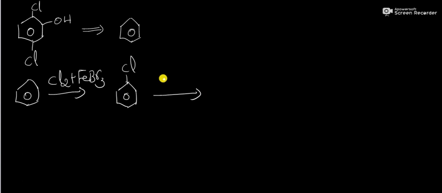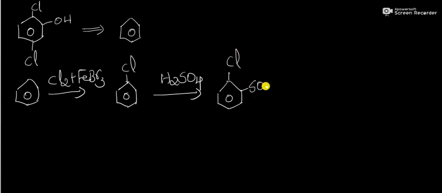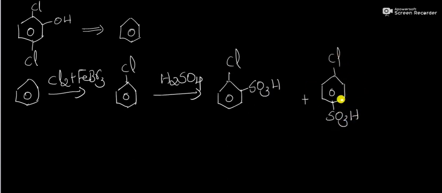Which on sulfonation using concentrated sulfuric acid will convert into sulfonic acid, and we get ortho substituted product and para substituted product. Here the para substituted product will be the major product and the ortho substituted product is the minor product.